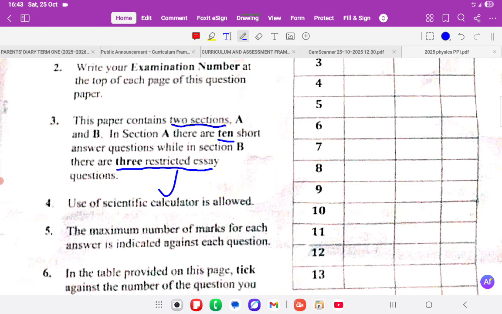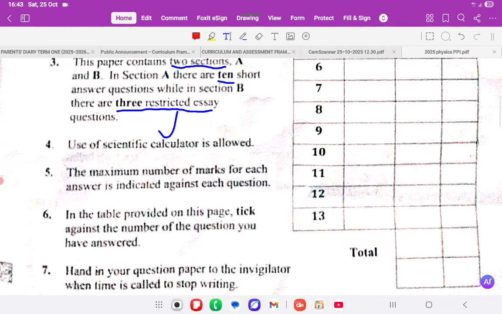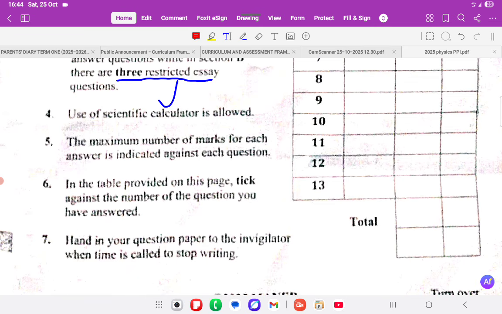Check that the number of marks for each answer is indicated against each question. I always encourage my students to pay attention to marks. The number of marks indicated always gives you direction as to how many points you have to include in your answer.